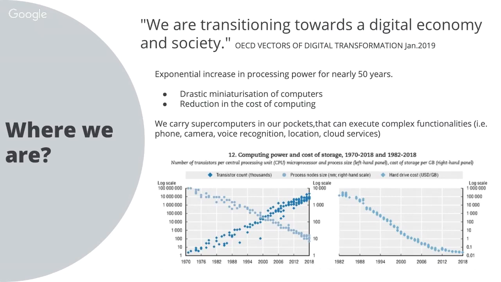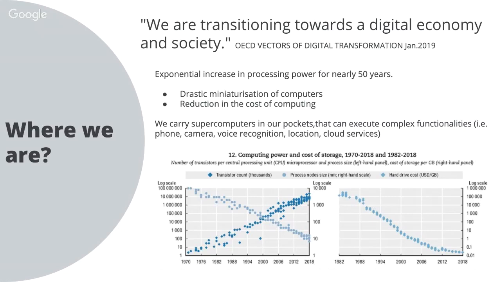Over the last 50 years, this has been changing every 12 to 24 months: it reduces the cost of the hard drive, and on the other side, it increases the process nodes that we have.